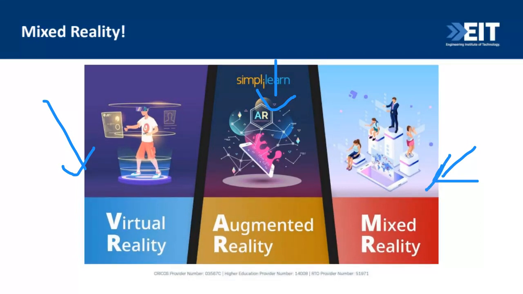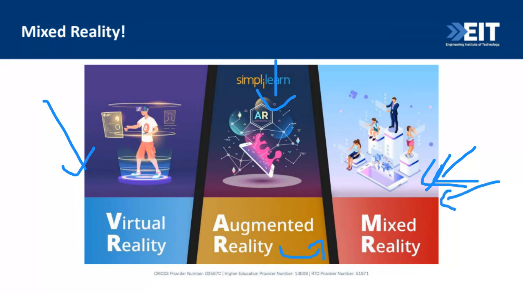So mixed reality, if we consider it from the point of view of augmented reality: in augmented reality the idea was that you are getting a digital layer on top of a physical device, but you are not interacting with it. The physical and the digital layer are not interacting, but in mixed reality, you can do that.